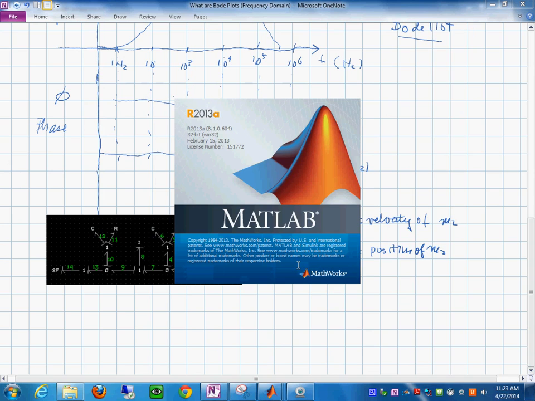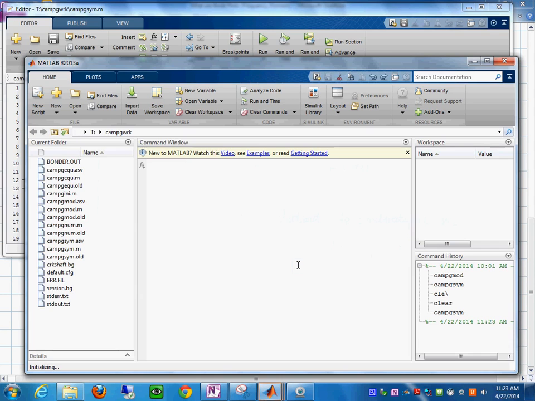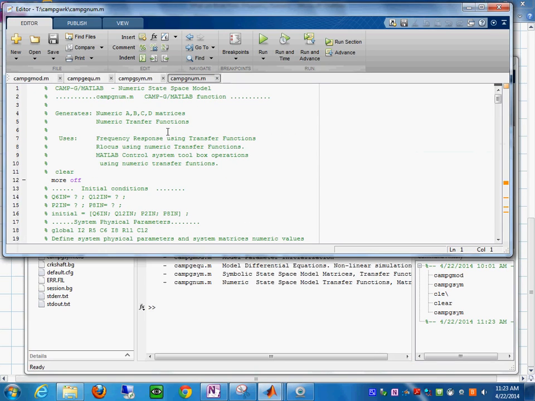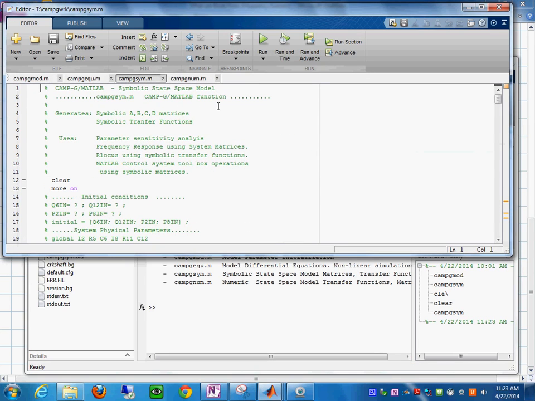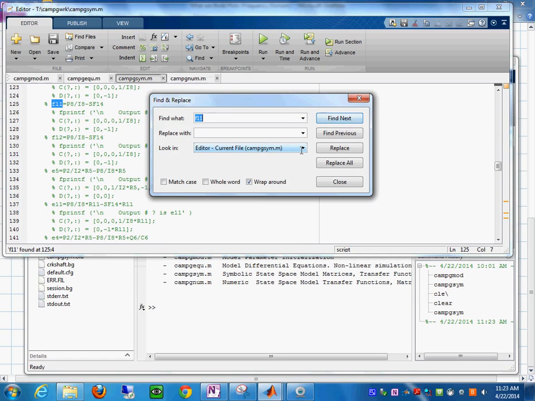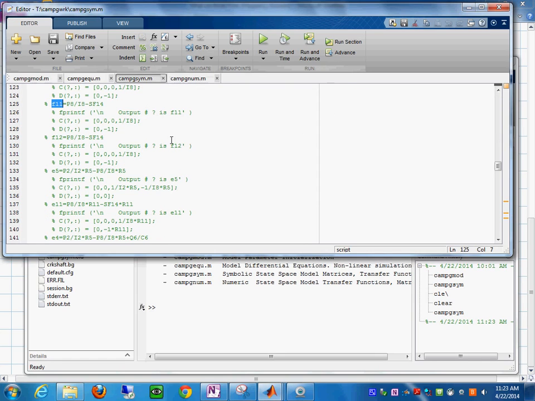And I am going to go directly and find the transfer function for f11, which is what I'm looking for. I directly go to the CAMGSYM file, and then I will say find. Please find f11 for me, and I'm going to define this as my output.